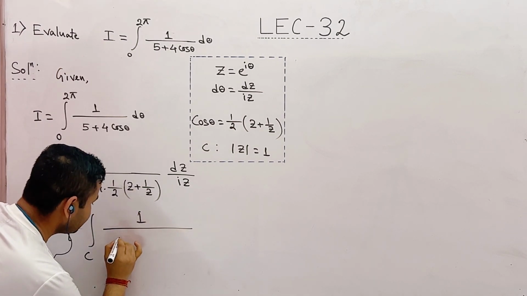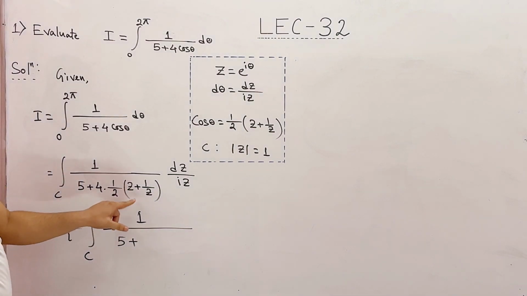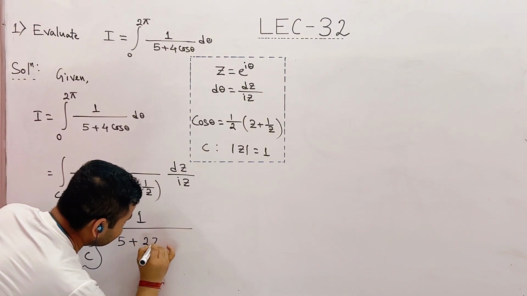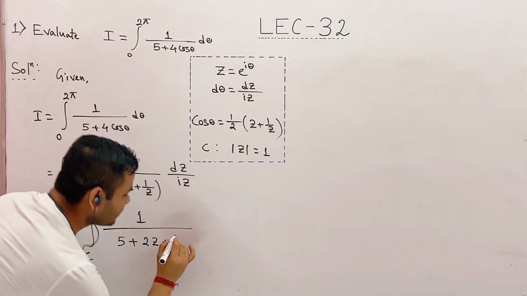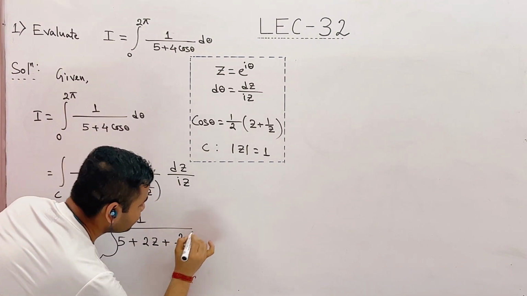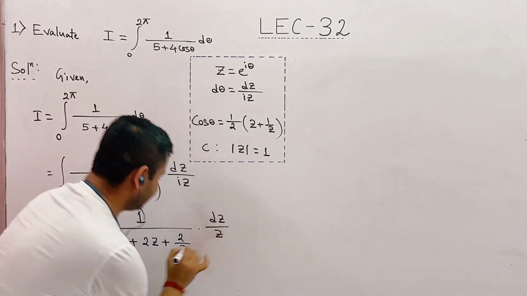1 divided by 5 plus 4 by 2 means 2, 2 into z means 2z, plus 2 into 1 by z means 2 by z, into dz divided by z.